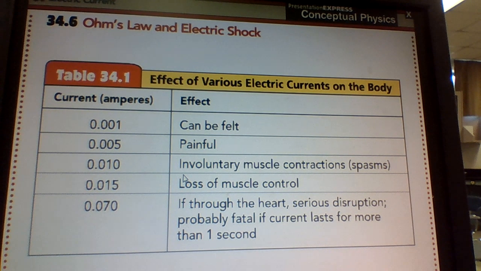And it wasn't until I dropped to my knees, I was working above my head, that I dropped to my knees and pulled myself off of the wires that I was able to finally get control back of my hand muscles. But you get further than that, you get 0.07 amps, and it can be fatal. So that's not a very large current passing through you.